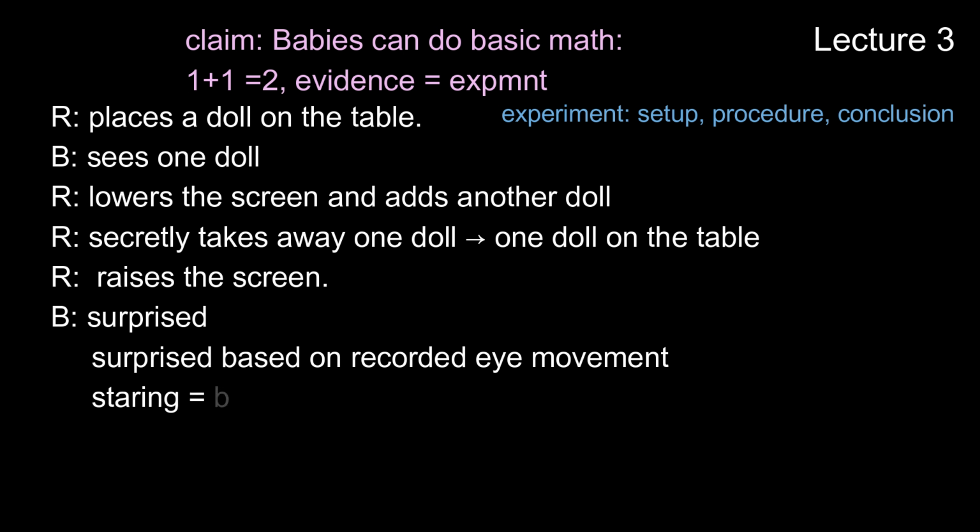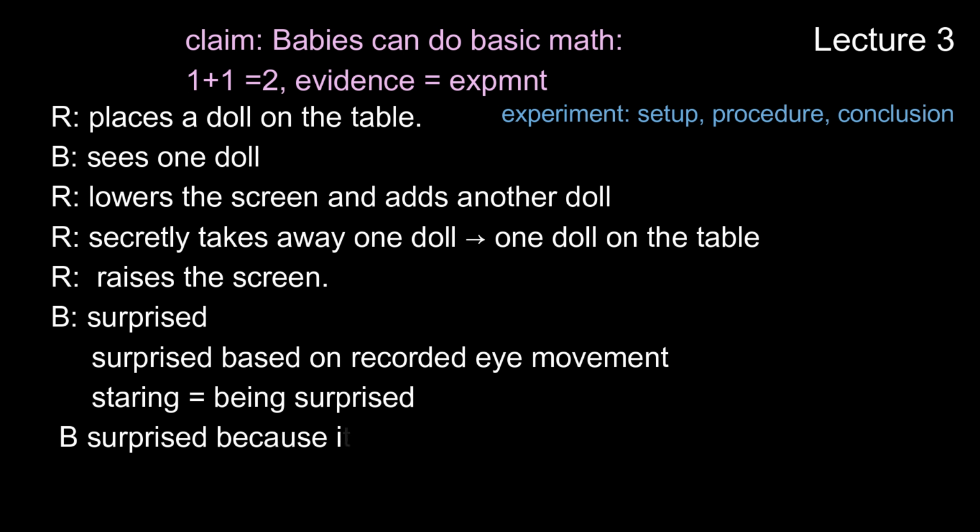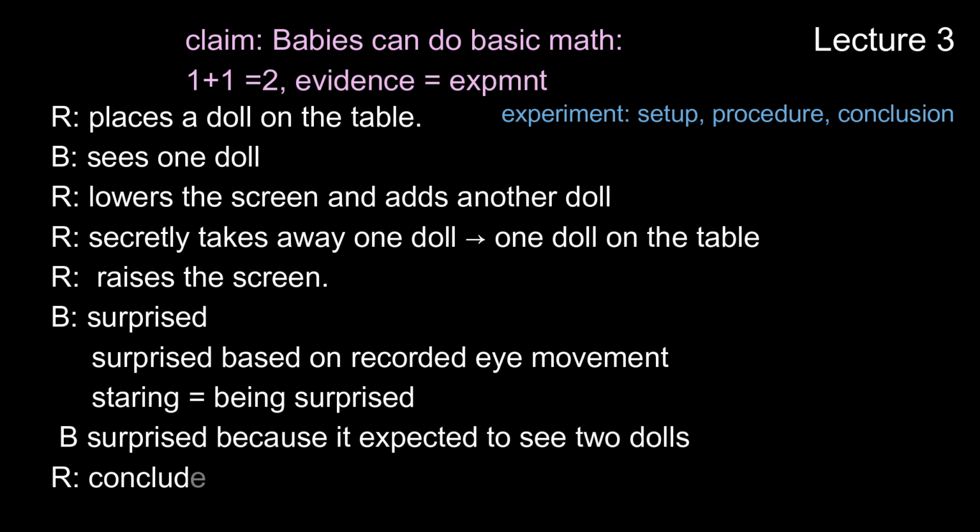And we know that when a baby is surprised by something, a loud noise or an unexpected flash of light maybe, it stares at where the noise or light is coming from. And that's what the babies in the experiment did. They stared, because a baby knows that if you add one doll and one doll, you should have two dolls. So when it sees one doll, then it stares because it's surprised.